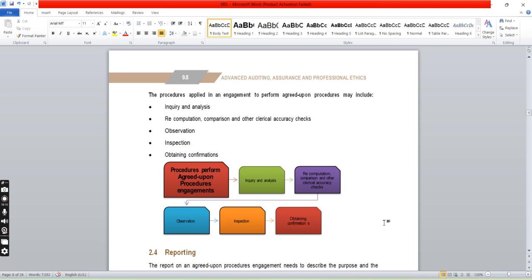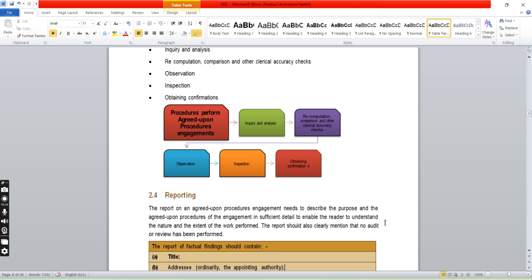So there is no question of analytical procedure; it is not included under the SRS.